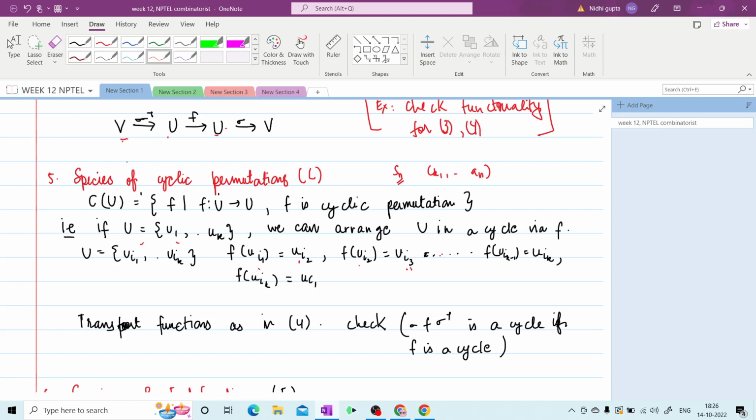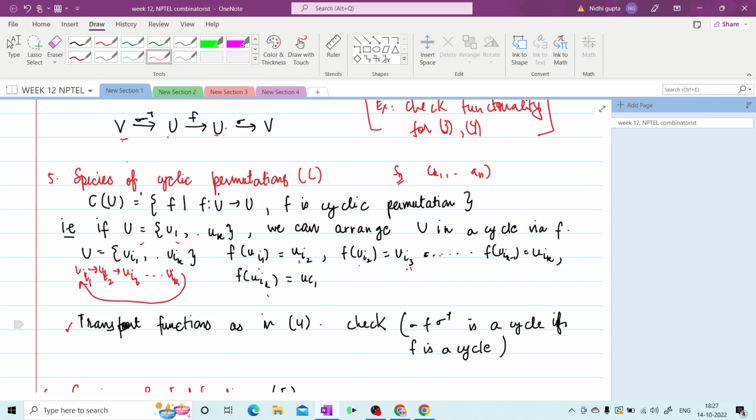We go on like this, and the last element Uik goes to Ui1. So we have completed our cycle. Ui1 goes to Ui2, Ui2 goes to Ui3, and this goes on to Uik, which again goes to Ui1. This is what we mean by cyclic permutation.